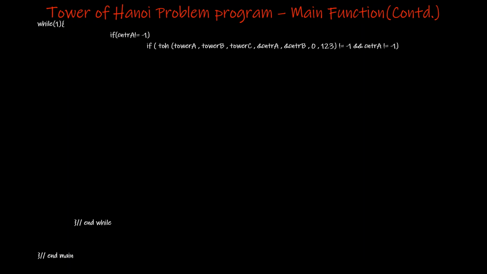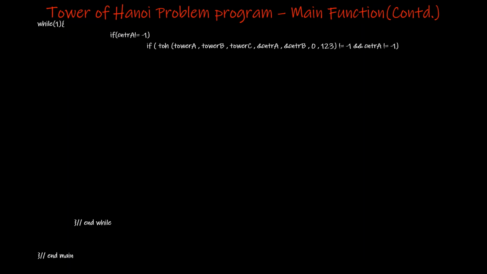Then we have counter A to indicate the position at which we have the disk which is to be transferred, and then we have counter B to indicate the position at which we want to place the disk. 0 indicates the call value, and that will determine whether we have made the call the first time or the second time with the same source tower.